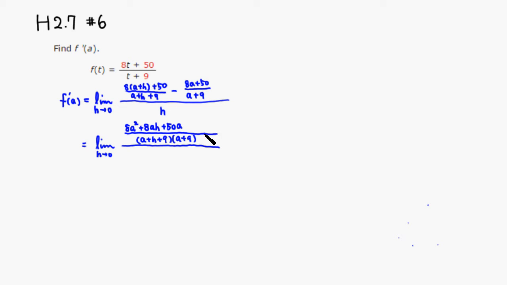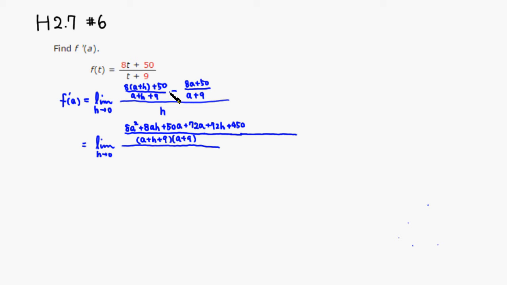Then we have to distribute 9, so 9 times 8a would be 72a, and 9 times 8h would be 72h, and then 9 times 50 would be 450. So that's the first part.